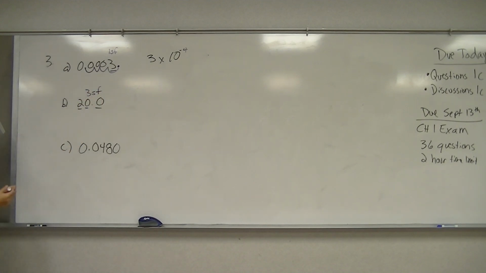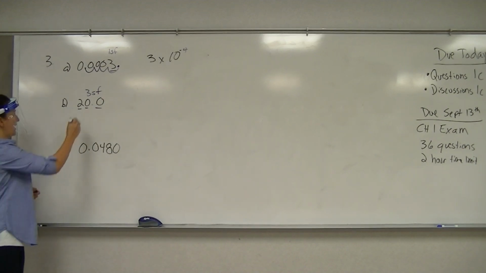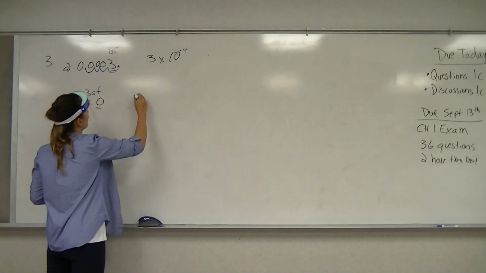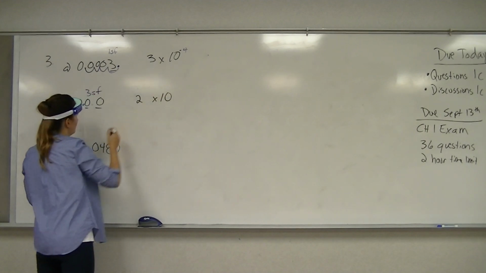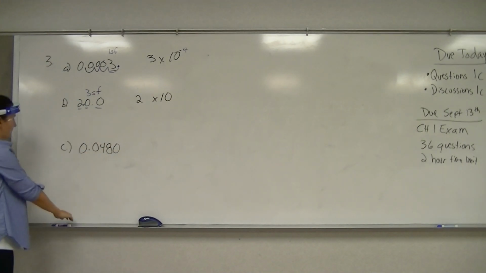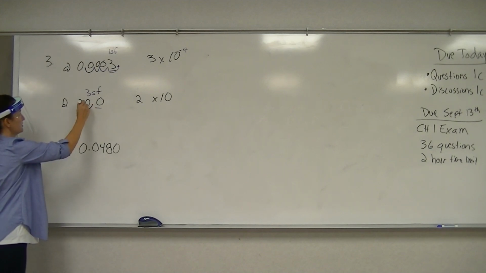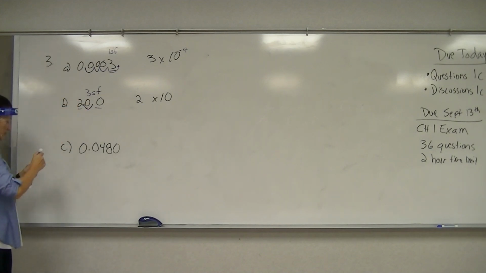Where do we want our new decimal when we write it in scientific? After the 2, between the 2 and the 0. Okay, so it's going to look like 2 times 10 to the... How many times do I have to move the decimal to get it here? Just 1, and this time I moved to the left.